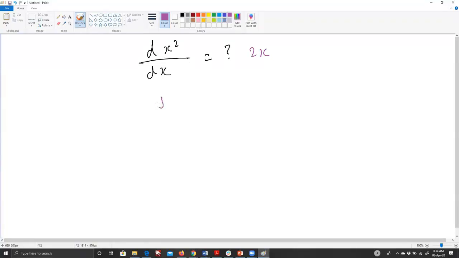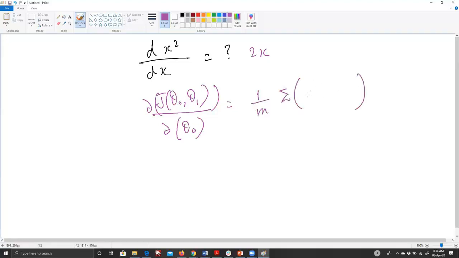Basically, I took J theta, which is defined in terms of two variables, theta 0 and theta 1. First I did the partial derivative with respect to theta 0 only. So the form which comes is 1 by m summation. Now, if I wanted to keep this in the same form as it already is, this is what you are going to get.